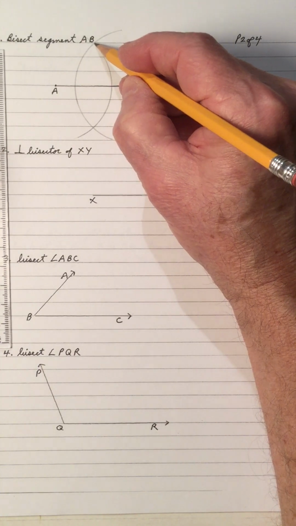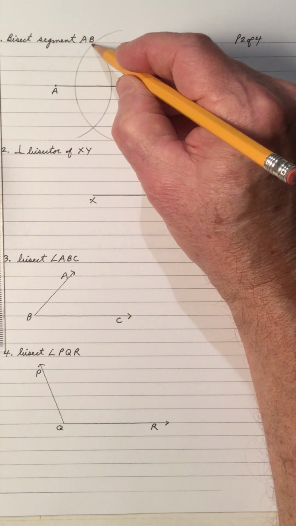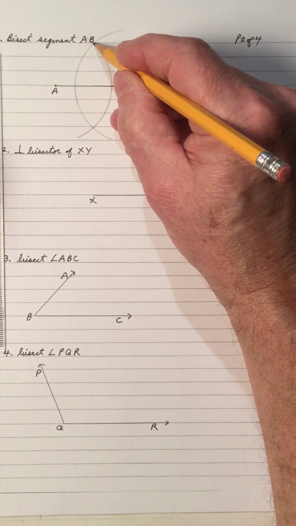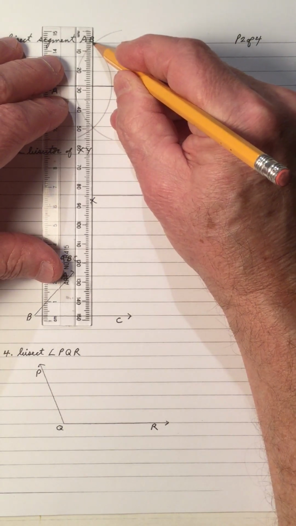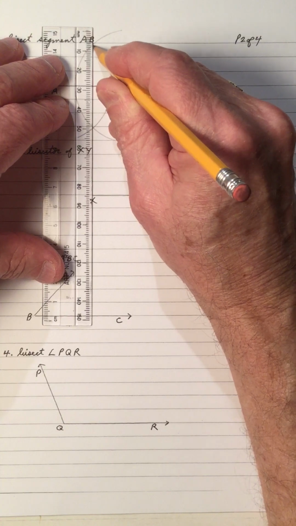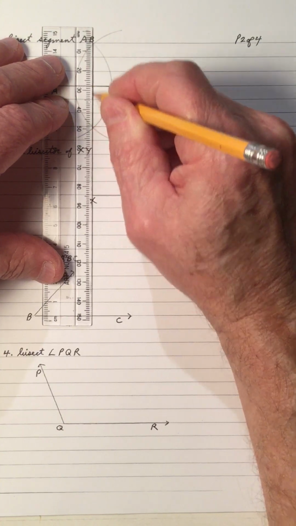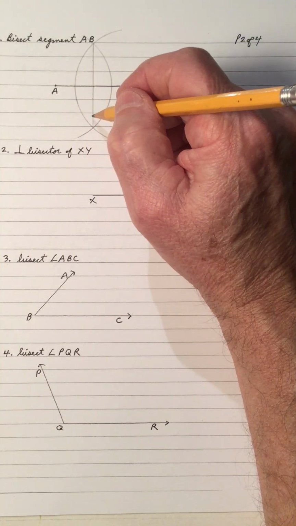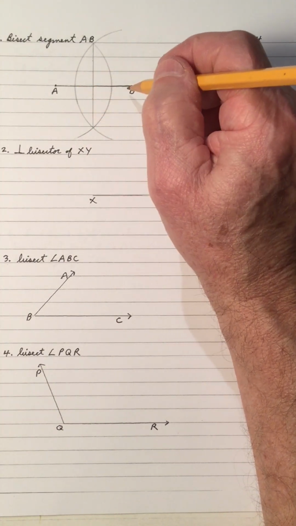So the arcs intersect here and here. I'm going to draw a segment through those two intersecting points. There it is. So that means that this segment will bisect AB.